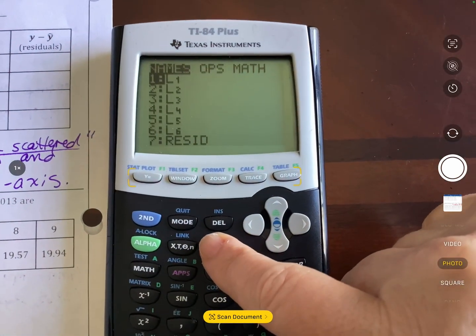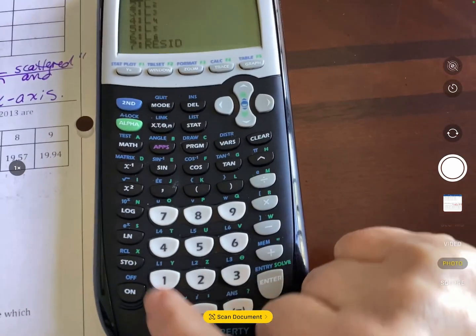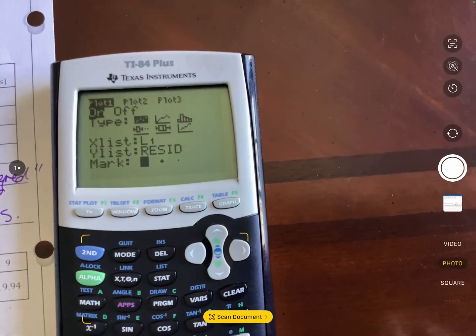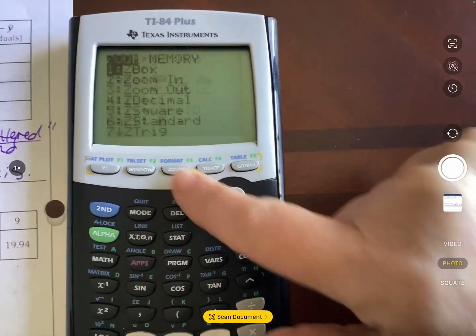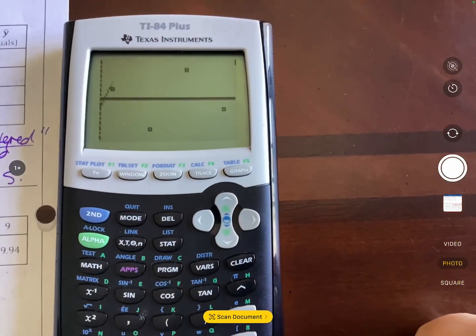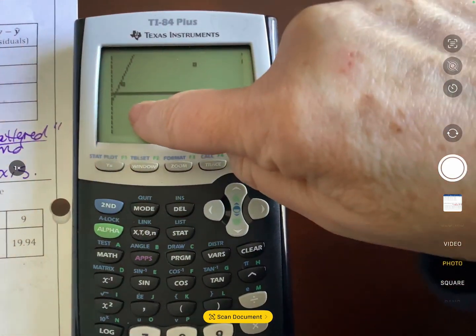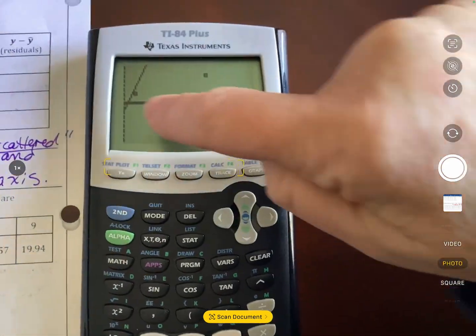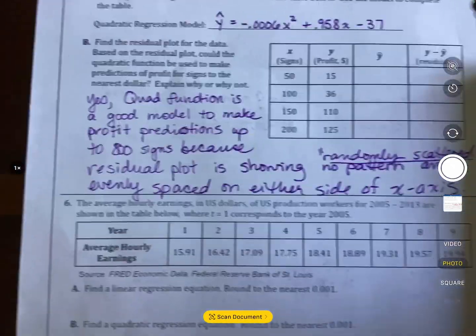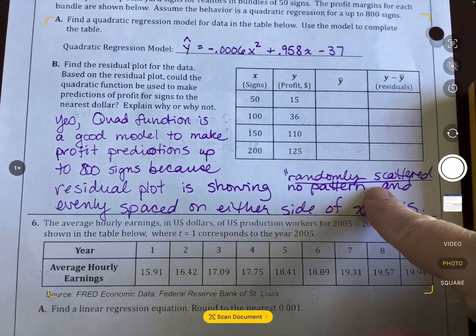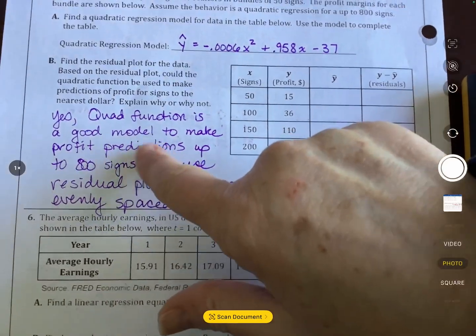Second list, option 7. And I think the calculators that you use in my class, it would be option 9, but just look at your screen. And then zoom 9 again. All right, that's just what's in Y equals. All right, so this is your residual plot. And as you can see, it's randomly scattered, so it's a good model.